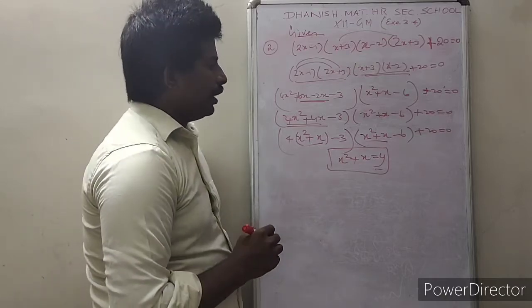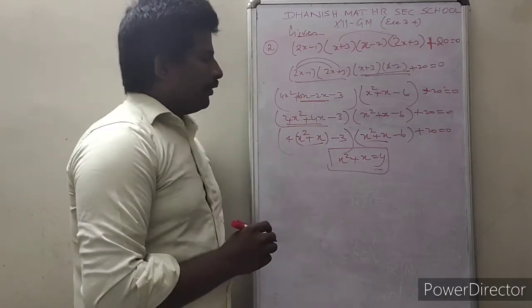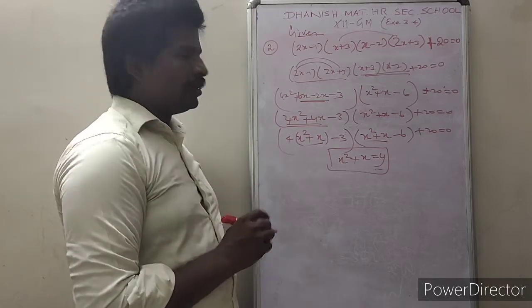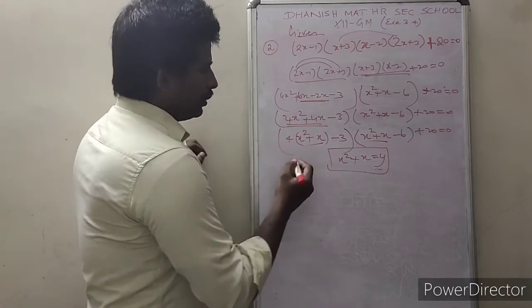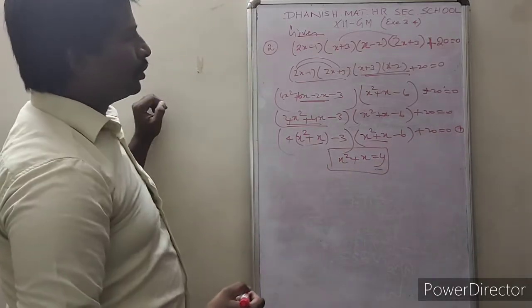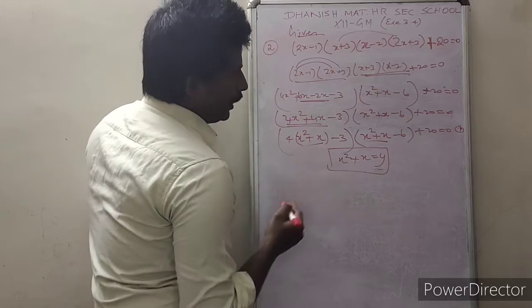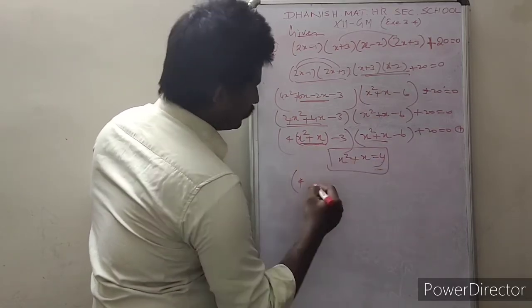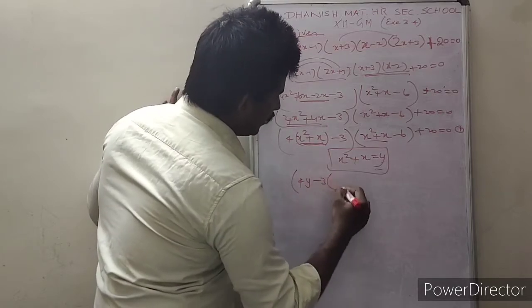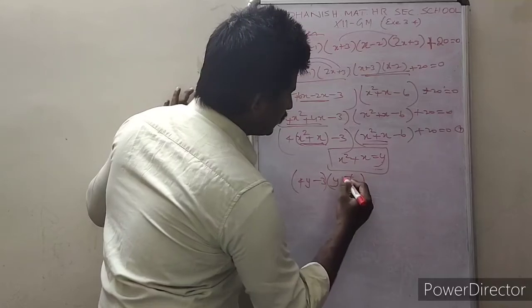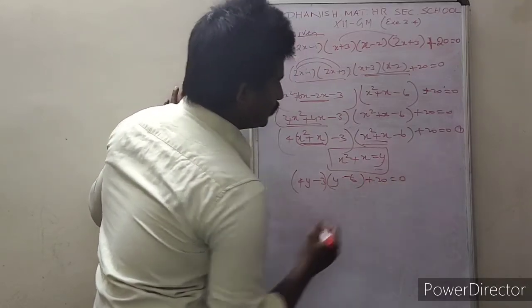Now, our assumption is x square plus x is y. Here we can consider this as equation 2. So now our equation becomes 4 into (y minus 3) into (y minus 6) plus 20 equal to 0.